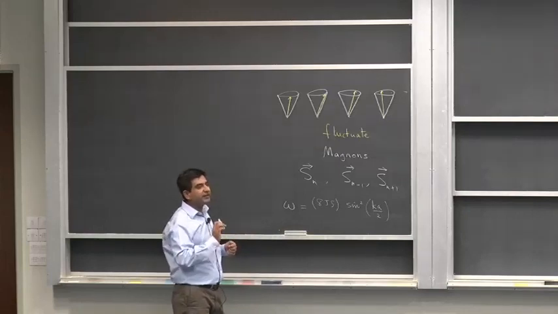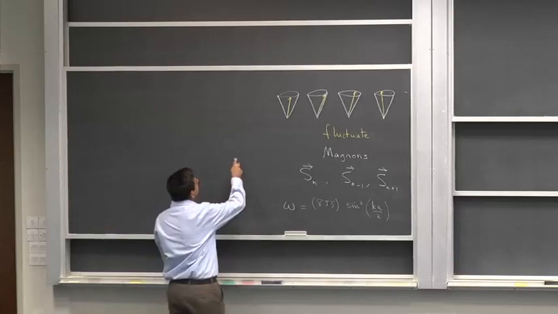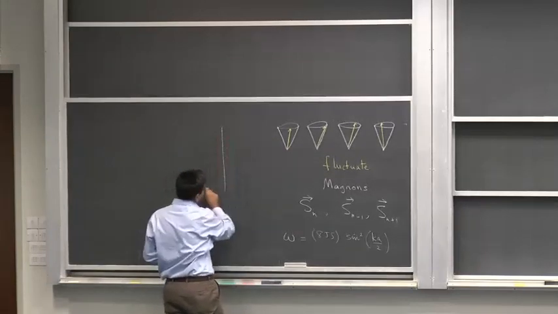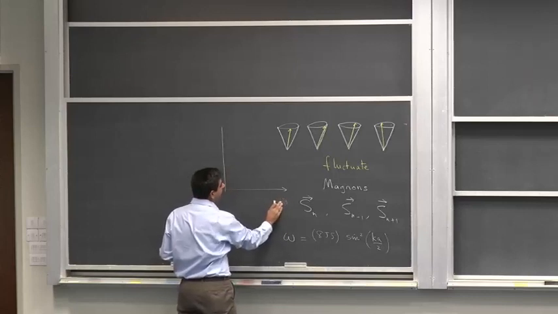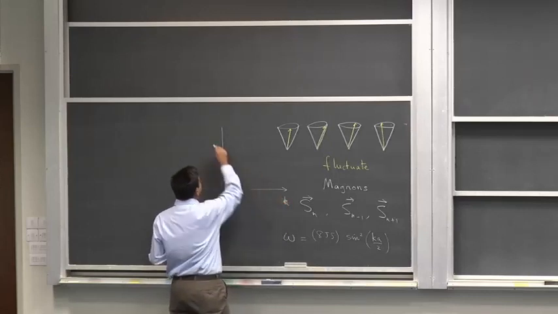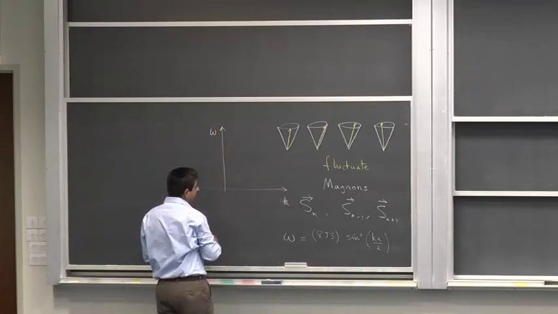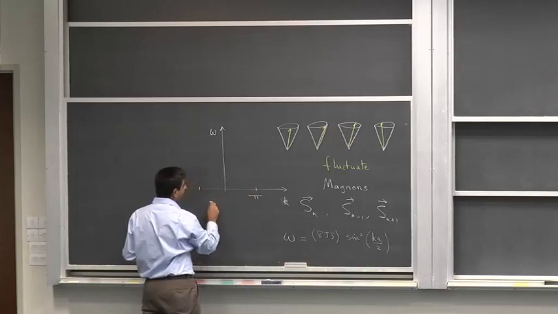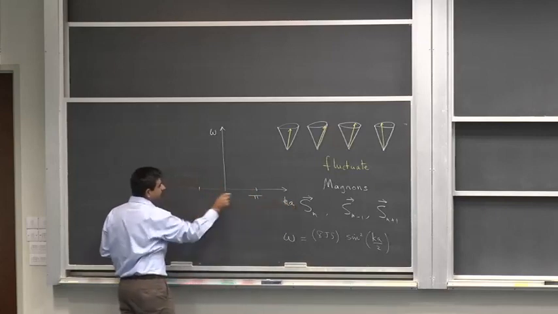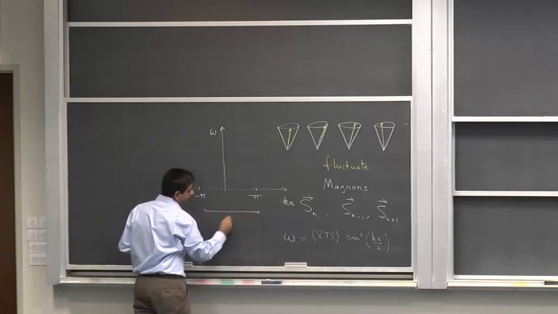And this was vividly different from the dispersion relationship for phonons. So if you plot the dispersion relationship, this is omega, this is k. For phonons, we only plot the dispersion relationship up to, say, this is Ka, this is pi, this is minus pi. So this is the first Brillouin zone.